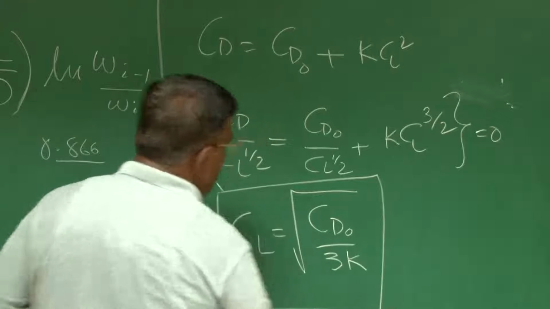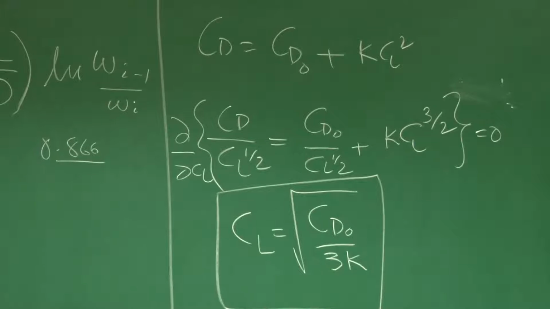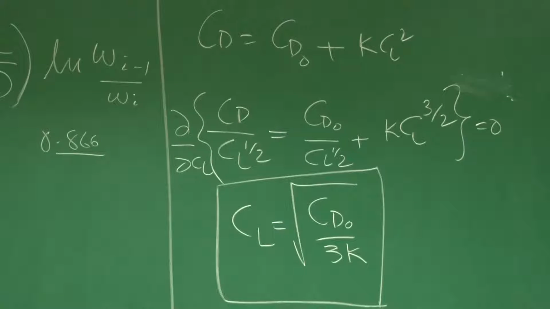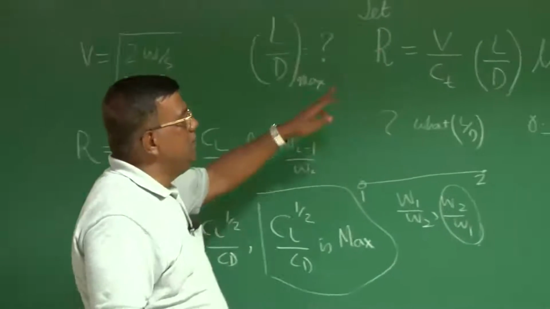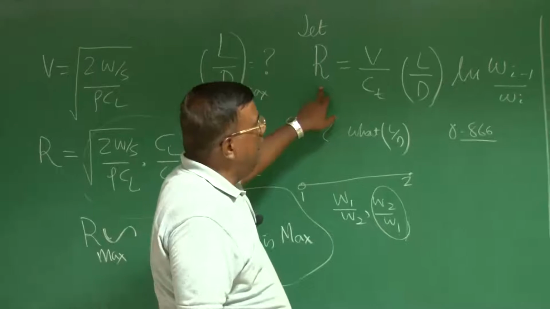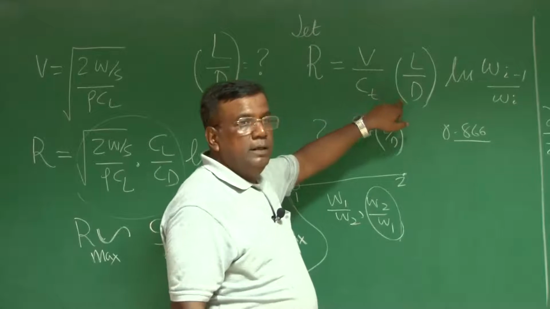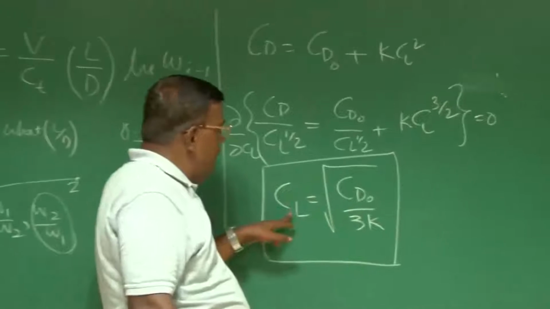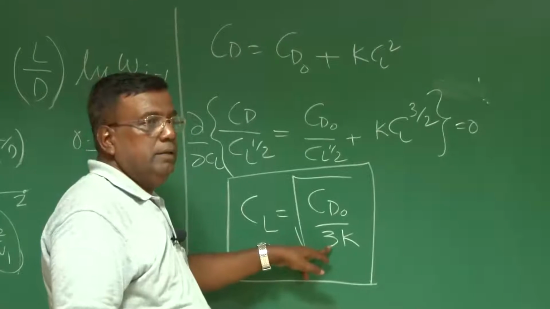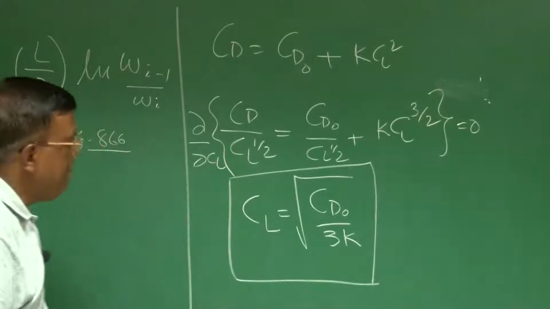So what is the message here? Message is, if you are designing a jet airplane, and if you are looking for maximum range, you need to fly at an L by D for which the CL should be under root CD naught by 3K. That is the message, okay?